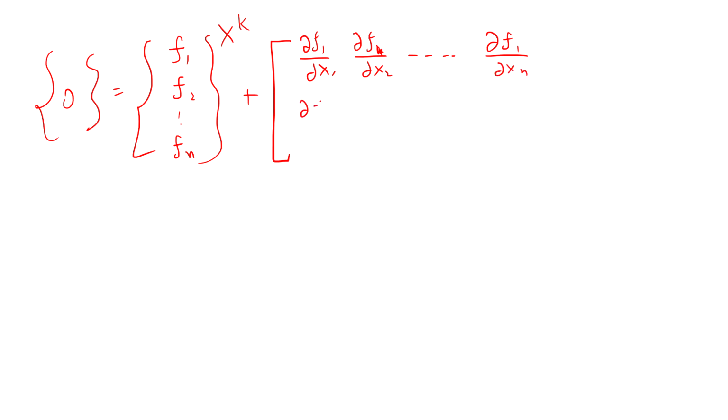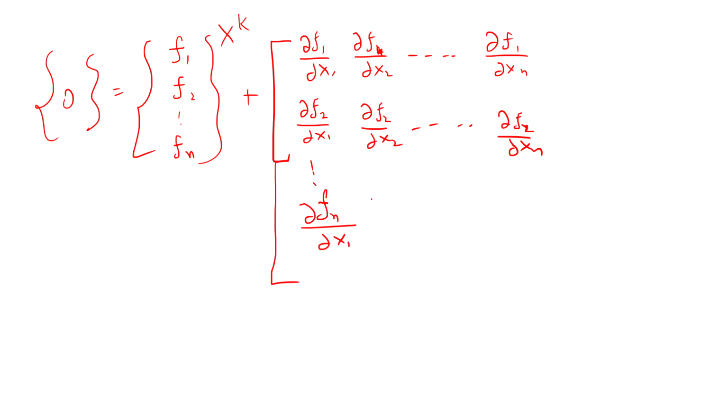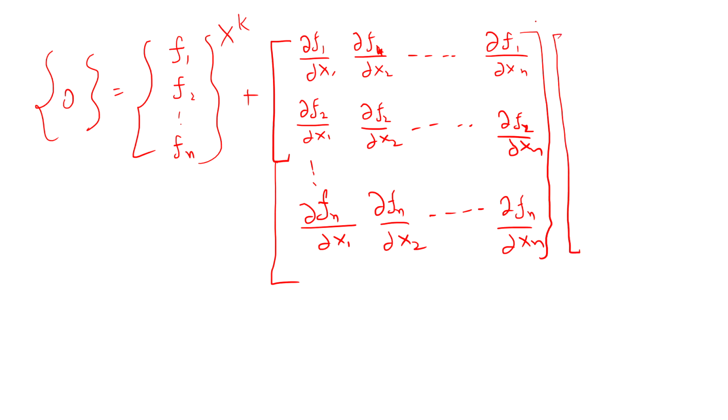Then del f2 over del x1, del f2 over del x2 going up to del f2 over del xn, and then del fn over del x1, del fn over del x2 going up to del fn over del xn, and then we have this delta x vector. Remember, this will be at the old value of x, and then we have delta x1, delta x2 going up to delta xn.